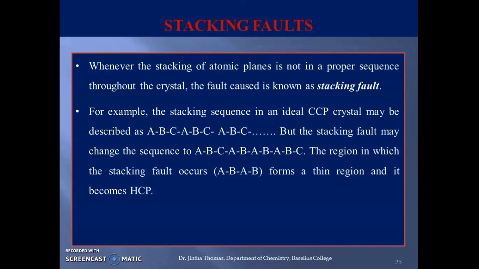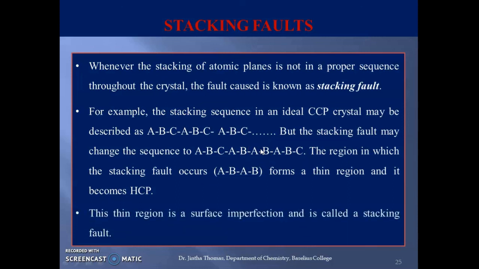However, the stacking fault may change the sequence to ABC, AB, AB, ABC. The region in which the stacking fault occurs, that is the AB-AB region, forms a thin region and it becomes an HCP type of arrangement. This thin region is a surface imperfection and is called a stacking fault.